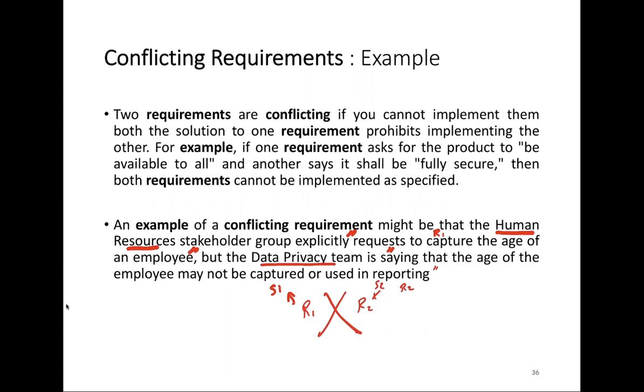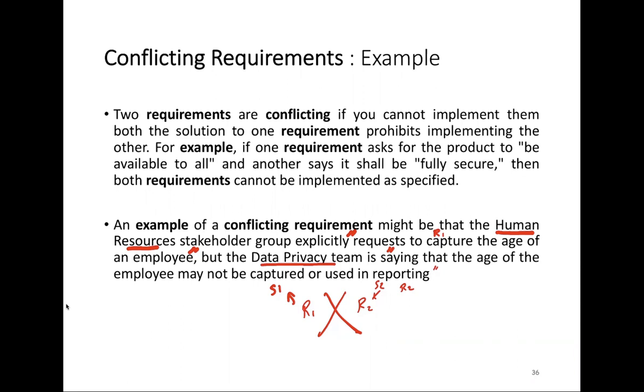We say two requirements are conflicting if you cannot implement them both at the same time. That means if you have a solution in hand, when you try to implement one of those requirements, it will prohibit you from implementing the other requirement.